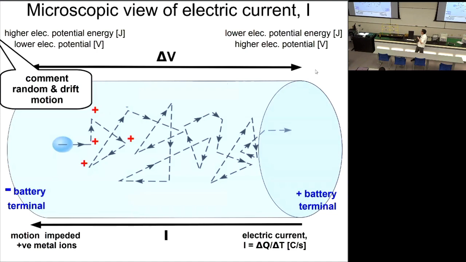And I've got the positive terminal of the battery over here on the right. And I'm watching this single electron. It's being repelled from the negative terminal because like charge. It's been attracted by the positive terminal because it's opposite charge. And I'm watching its path through the metal. And it corresponds to some current, I pictured it here, due to this flow of charge from the left to the right.